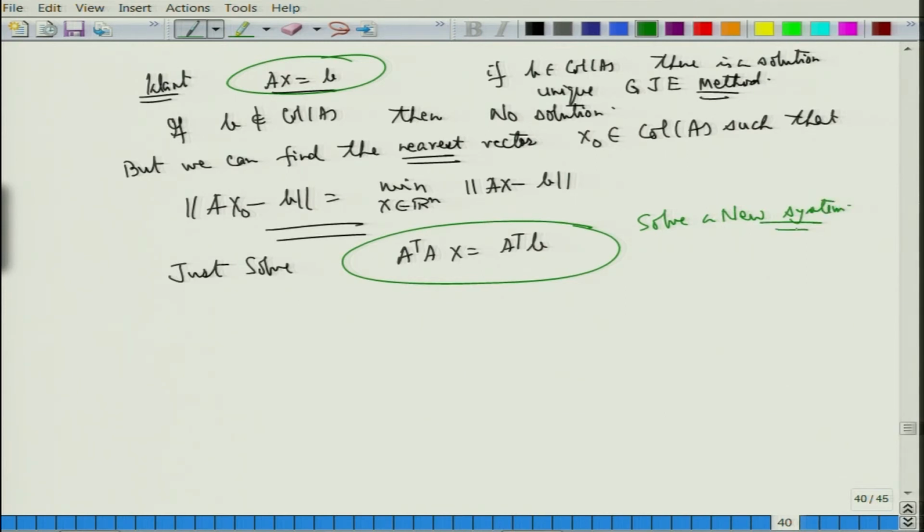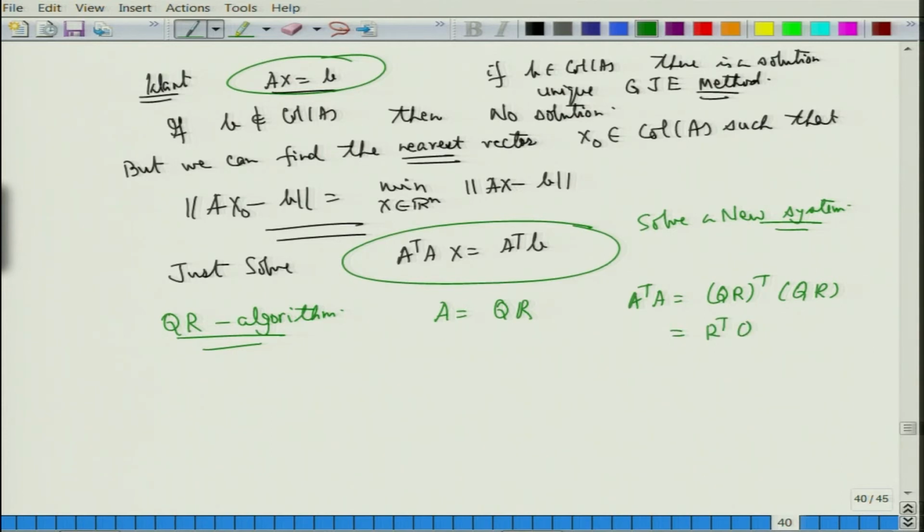Now, what the QR algorithm gives is a way of solving it, because what we had was A is equal to QR. So, A transpose A is nothing but QR transpose QR, which is the same as R transpose Q transpose QR, which is R transpose R.